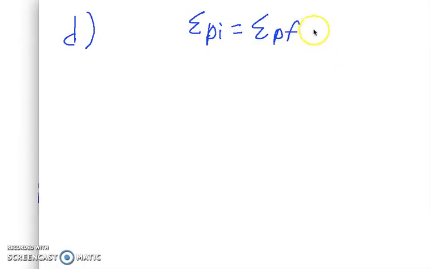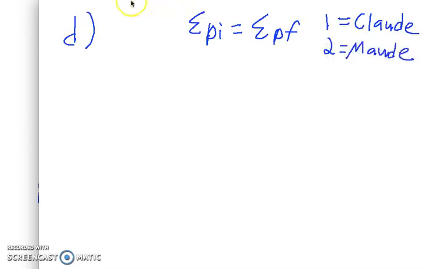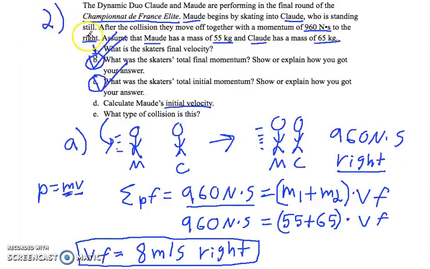For notation purposes, number 1 refers to Claude and number 2 refers to Maud.